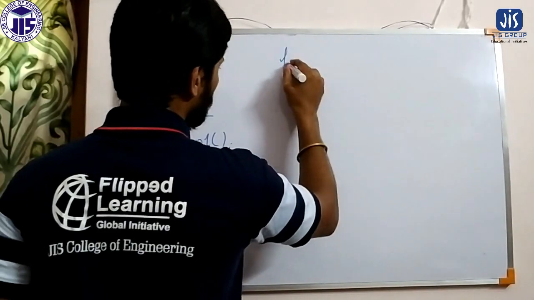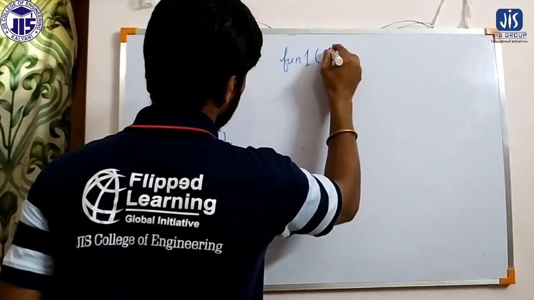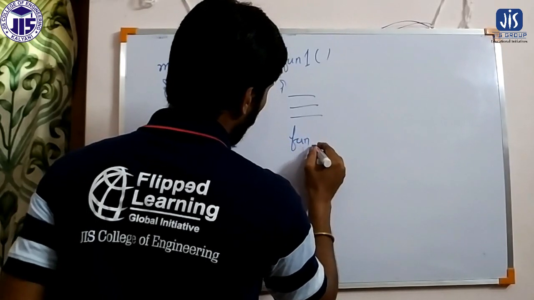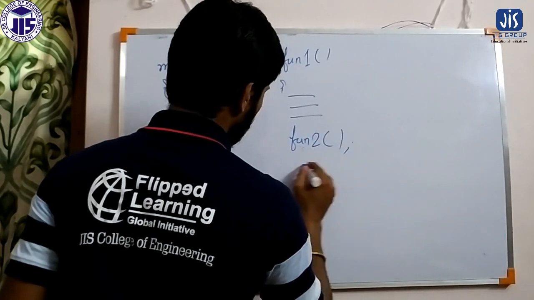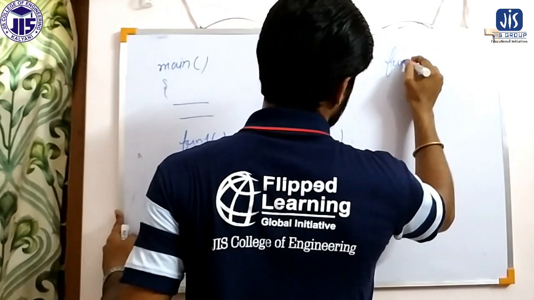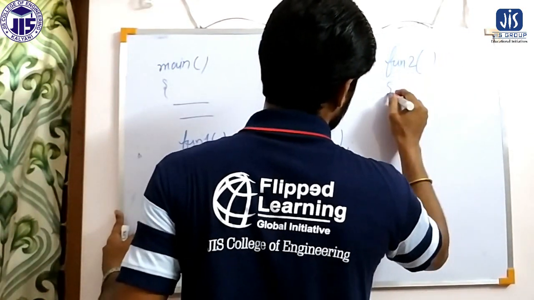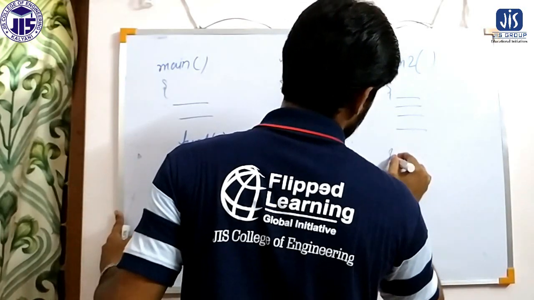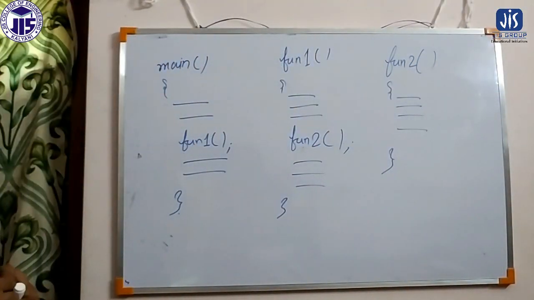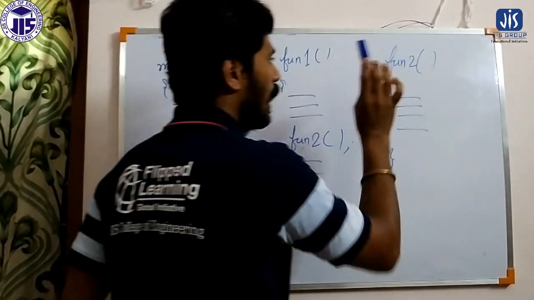This is my function 1. Now within function 1 we can call another function. This is my function 2. So in this program we have taken three functions: main, function 1 and function 2.